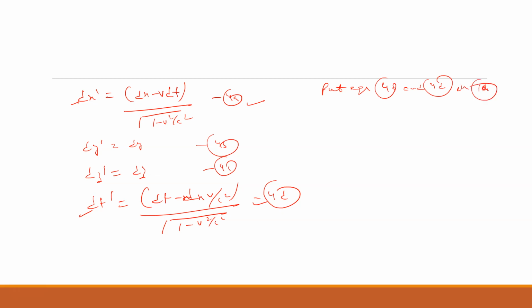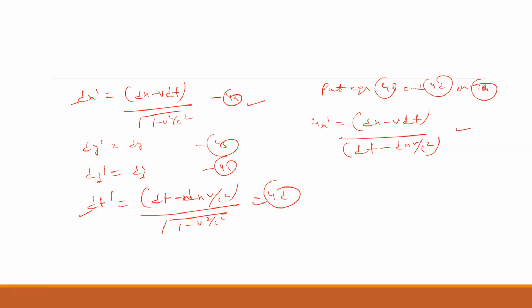Then 1a will become ux dash equals dx minus v dt divided by dt minus dx v by c square. Because the denominators of 4a and 4d are the same, they will cancel out, so you will get this result: ux dash equals this.